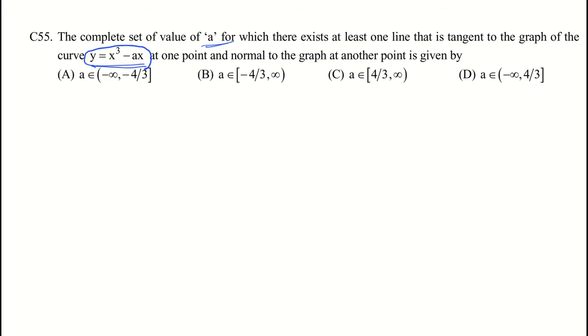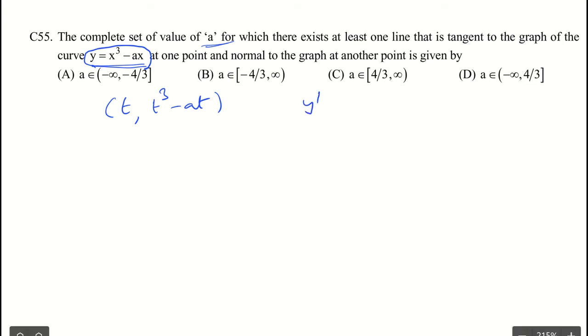That is the question. Now let us take a tangent at some point to the curve. So first I take an arbitrary point on the curve. Suppose I give x is equal to t, then you can see that y will be t cube minus at. Let me write the tangent to the curve at this point.